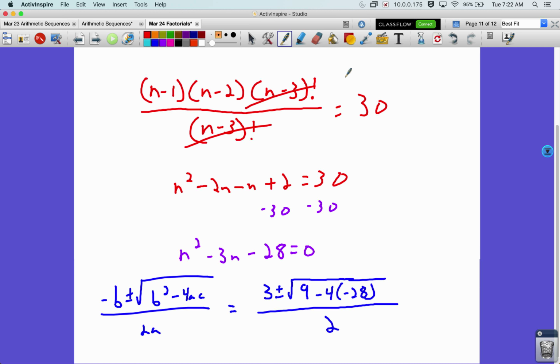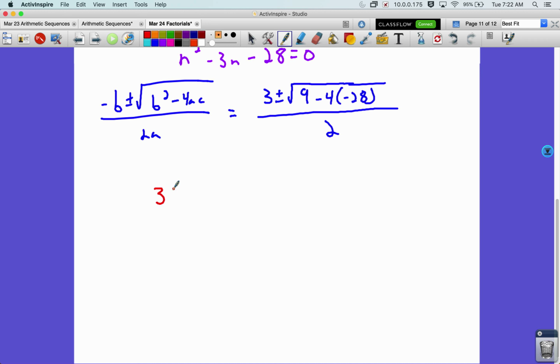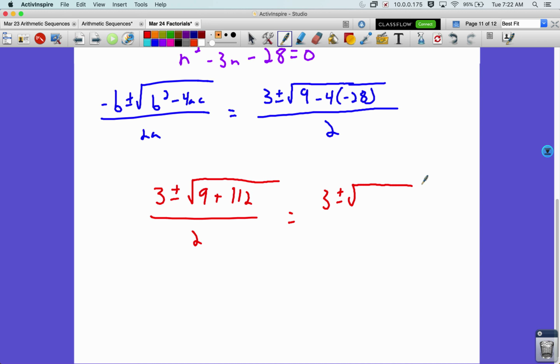Remember, I said do as much of the quadratic formula as you can in your head to save steps and avoid mistakes. 3 plus or minus the square root of 9. Negative times negative is going to be positive, so 4 times 28, 112, all over 2. Plus 3 plus or minus the square root of 121 all over 2. Square root of 121 is 11.